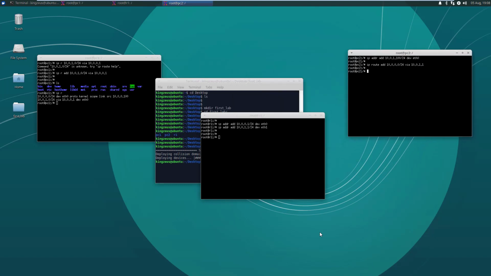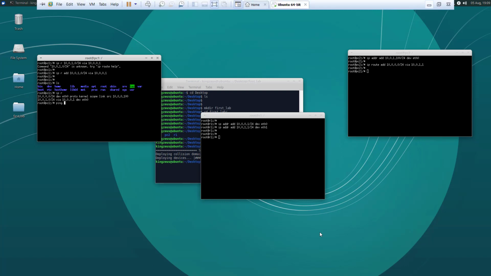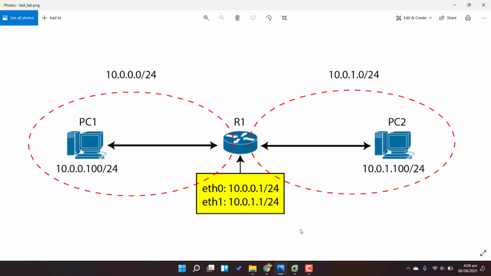We have PC1 here on the left, PC2 on the right, and the router in the middle, and we can try to ping. We can ping 10.0.1.100.